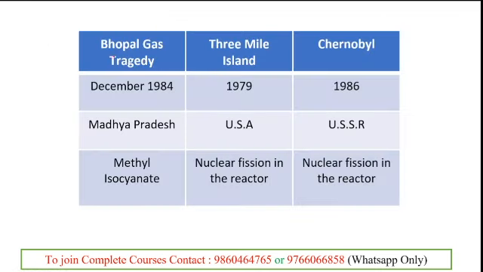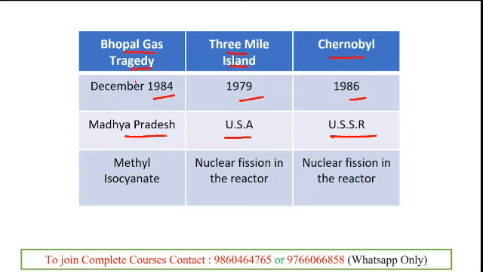The slide shows the Bhopal gas tragedy, Three Mile Island and Chernobyl, and here the dates are shown. The Bhopal gas tragedy occurred in 1984, Chernobyl in 1986 and Three Mile Island in 1979. Three Mile Island was in the USA and Chernobyl in the USSR, and the Bhopal gas tragedy in Madhya Pradesh.